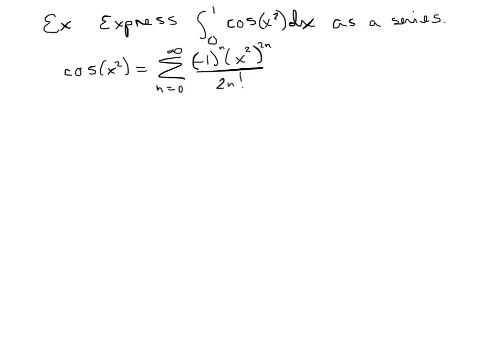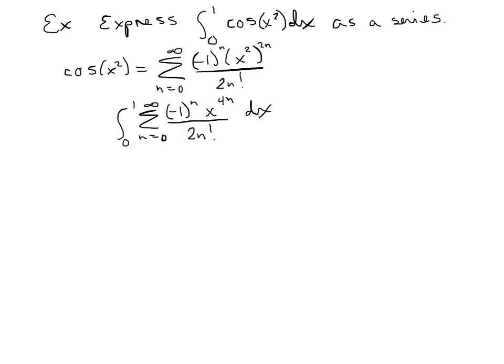So now, if I integrate this, the sum from n equals 0 to infinity of (-1)^n x to the, let's combine those. We multiply those two together, we'd get 4n, all over (2n) factorial. And we're going to integrate that with respect to x.